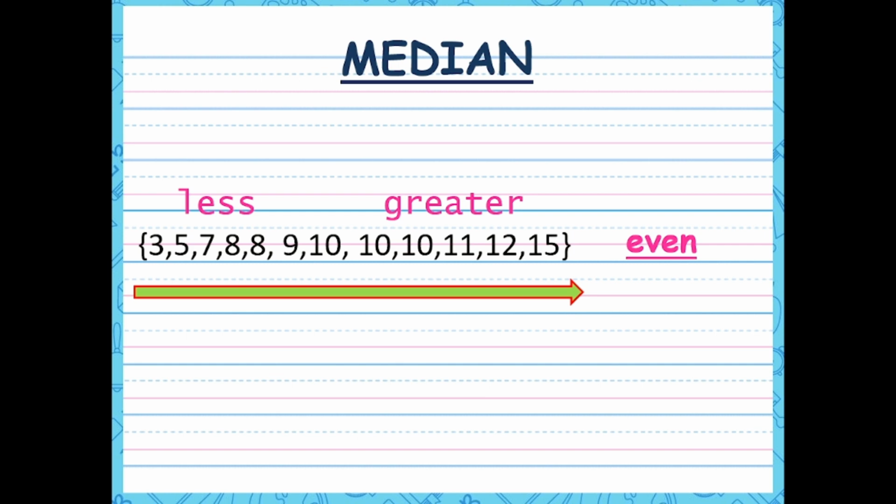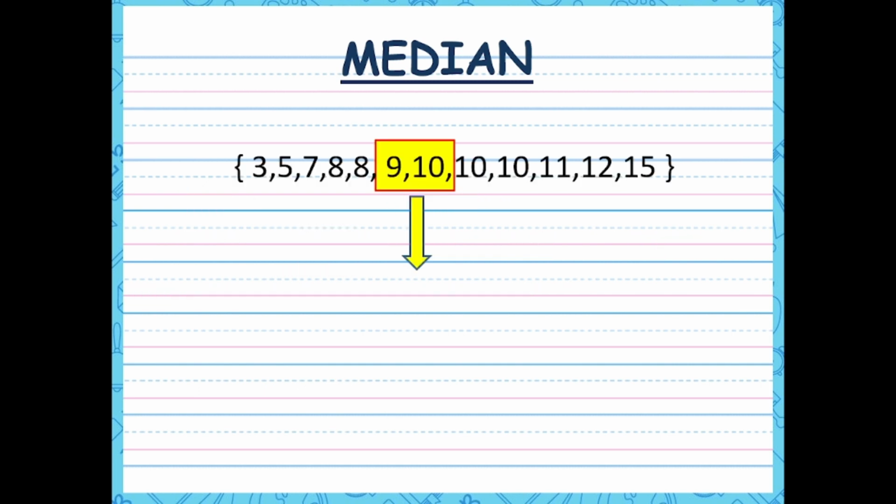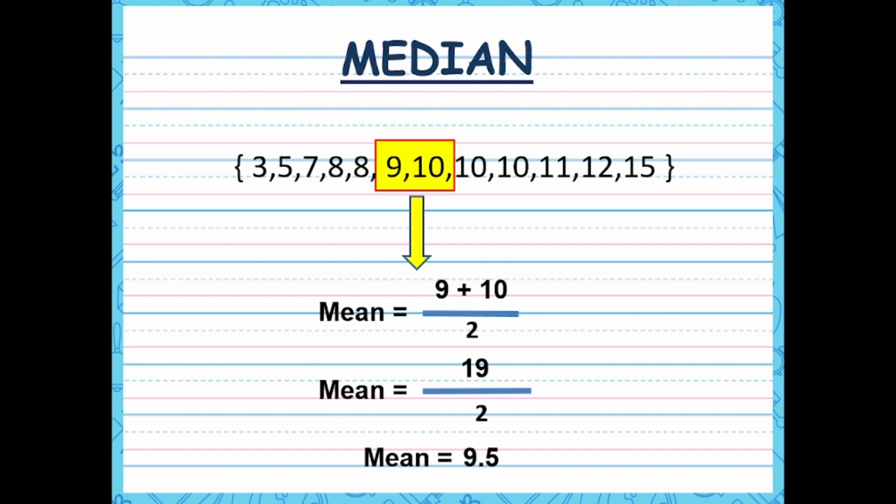So we are going to pick the middle two numbers and then find the mean of them. 9 and 10 are in the middle, so we need to take the mean of 9 and 10. That's easy. 9 plus 10 is equal to 19, and 19 divided by 2 is 9.5. So the median of the number of guitars sold is 9.5.